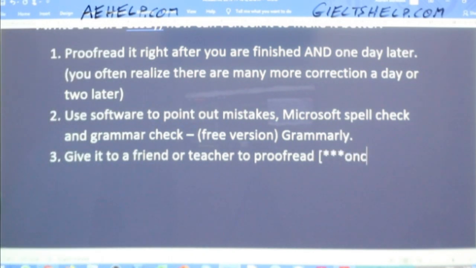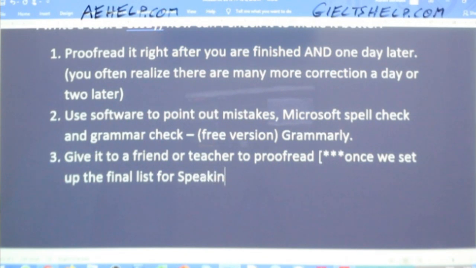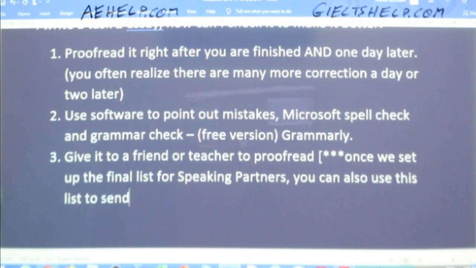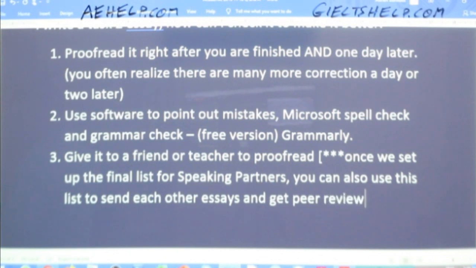So once we set up the final list for speaking partners, our members know what I'm talking about here. If you're a member and you don't know what I'm talking about, please send me an email. So once we set up our final list for speaking partners, you can also use this list to send each other essays and get what's called peer review and feedback. Okay?